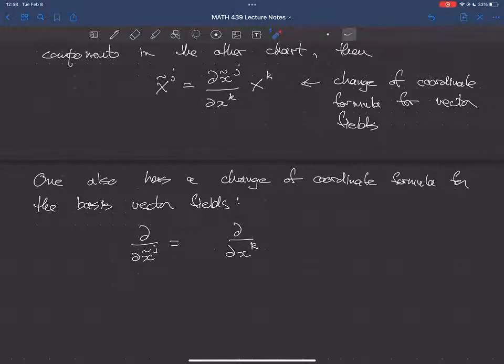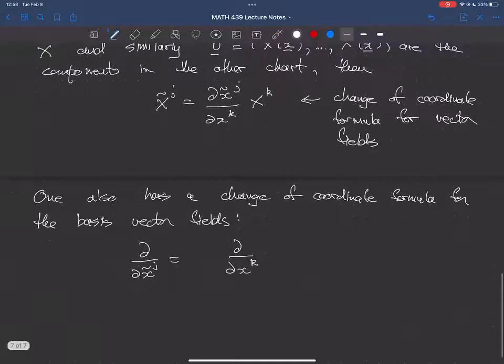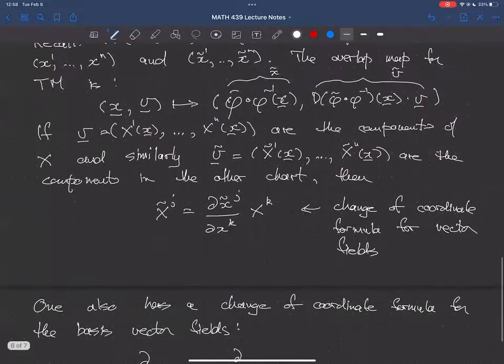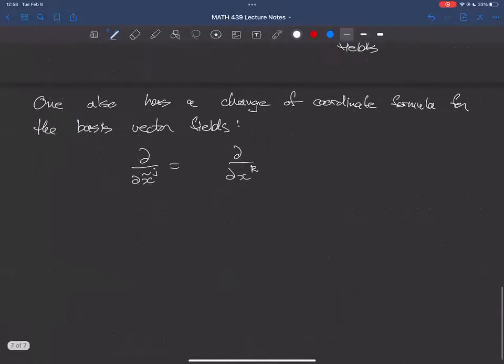So we're going to get the inverse of that, and the inverse of the Jacobian is the Jacobian of the inverse. Here I have the Jacobian of the overlap map, and here I want to write down the Jacobian of the overlap map that goes the other way. Instead of dx tilde by dx, it's going to be dx by dx tilde.